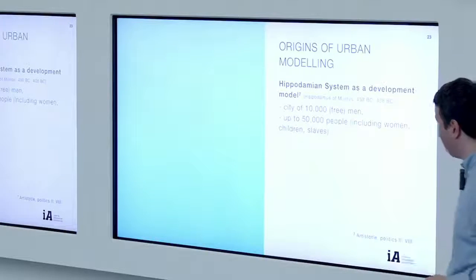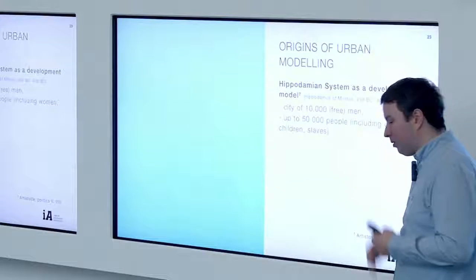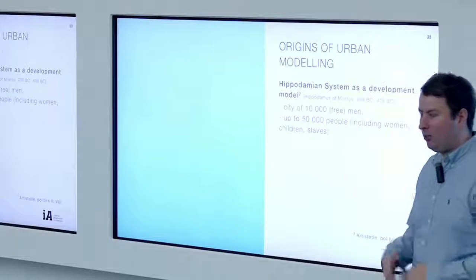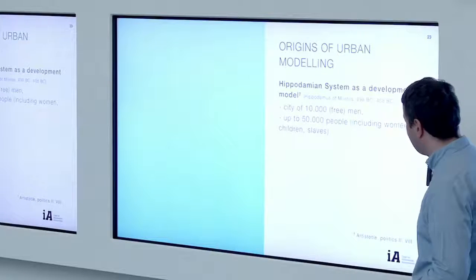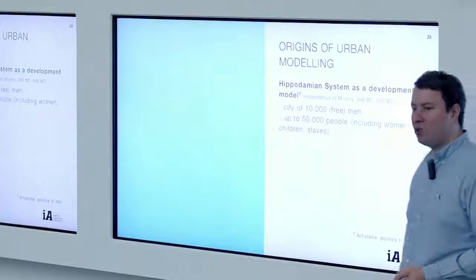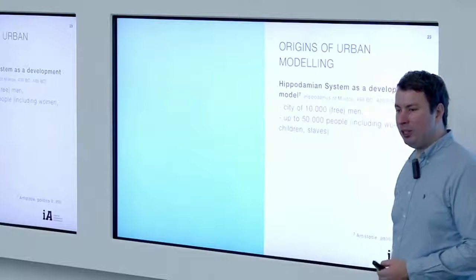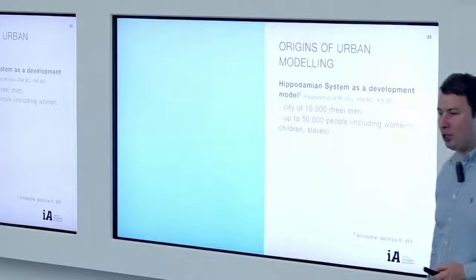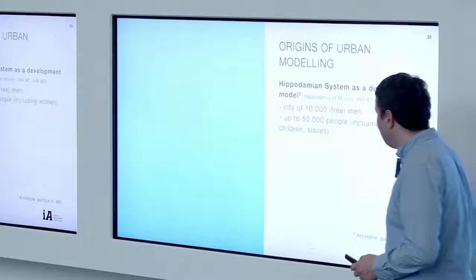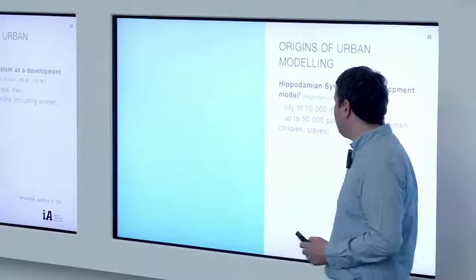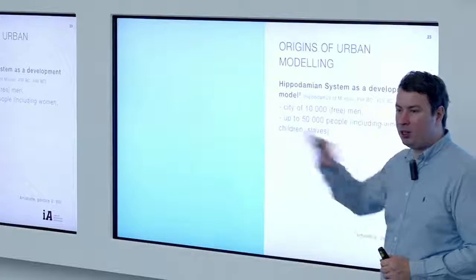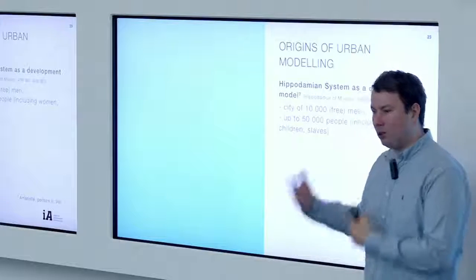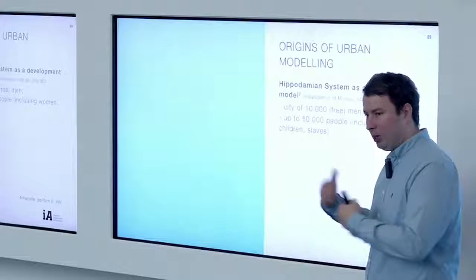But Hippodamus from Miletus, who created Miletus, did the first very strictly designed technocratic system of planning a city, which was very efficient and also a point of success for the Greek colonies, for instance. So the idea was: make a city, and the city has a threshold of 10,000 free men. So with 10,001, we need to make a new colony.